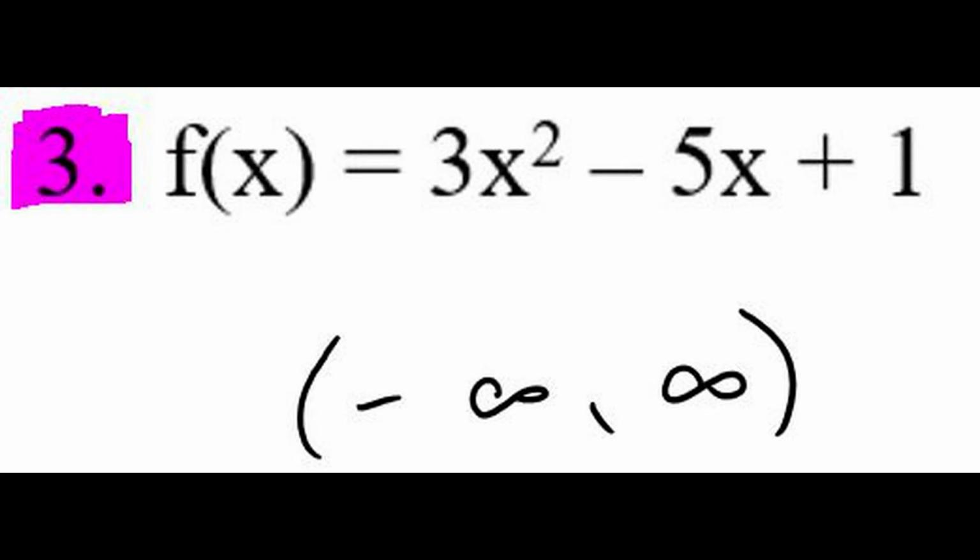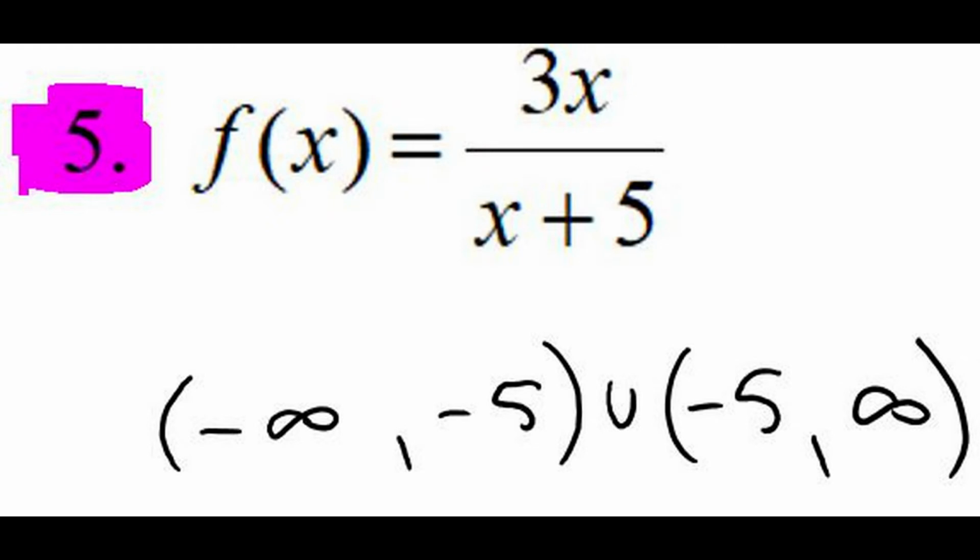Okay. Number 5, we do have some division going on. Most numbers will work for this. The only number that is going to make it not possible is -5 on the bottom. If you plug in -5, you'd have -5 plus 5, and it would be 3x divided by 0, which is impossible. So every number in the world works except for -5.